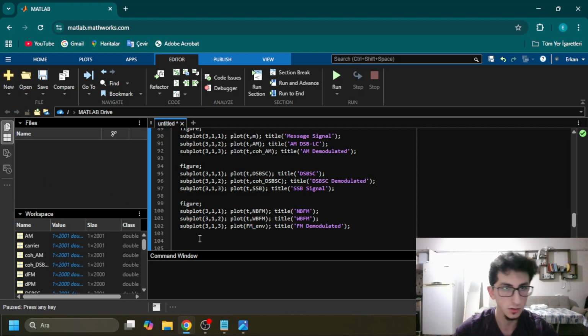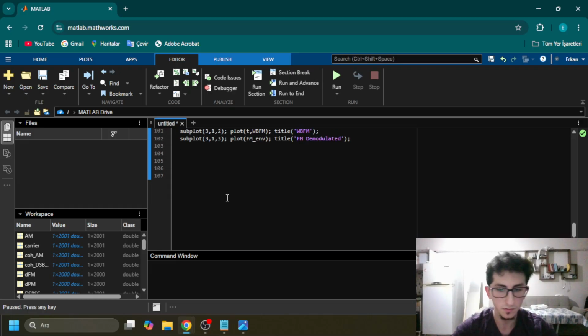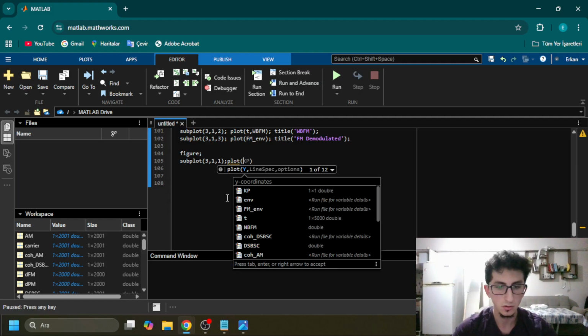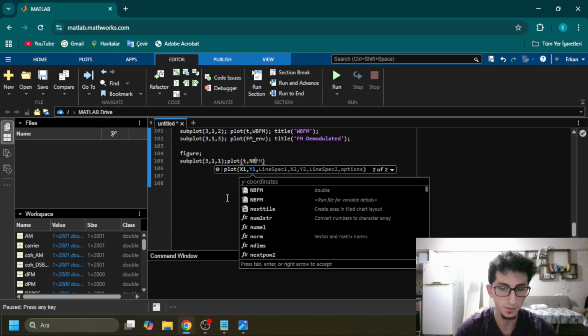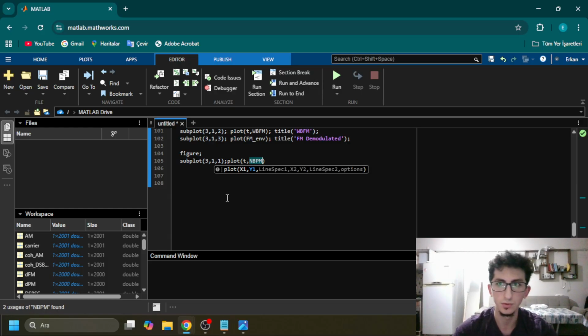So I'm gonna write this code in here. Subplot 311, plot, also plot T narrowband PM. I hope it will be true.